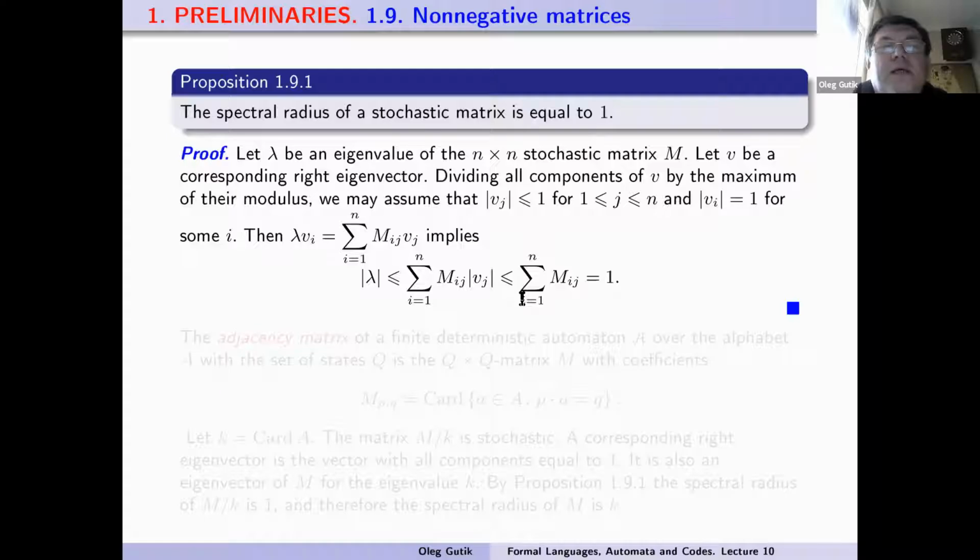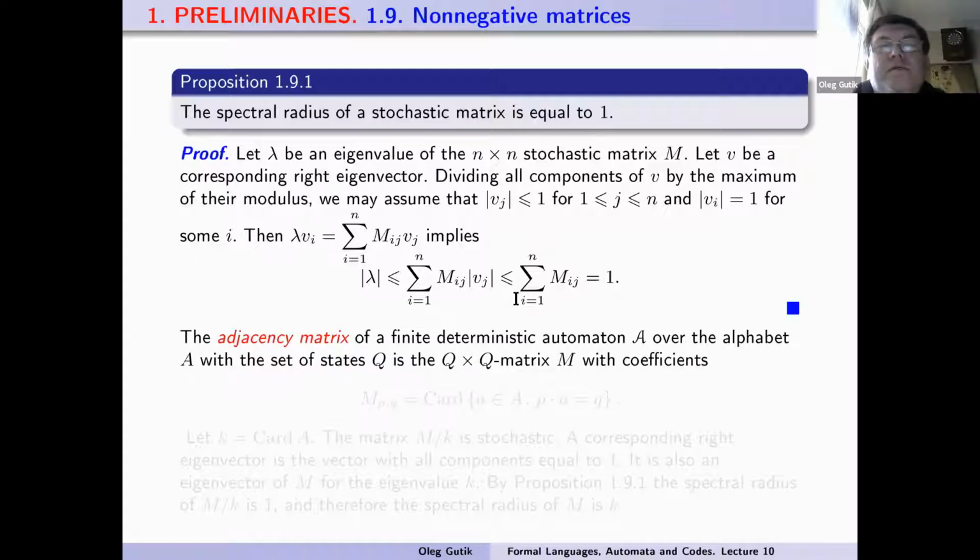Example 1.9.1. The adjacency matrix of the finite deterministic automaton A over the alphabet A with the set of states Q is a Q times Q matrix M with the coefficient M_pq equal to the cardinality of such letters a from the alphabet A that p times a is equal to q. Let K be the cardinality of the alphabet A. The matrix M divided by K is stochastic.